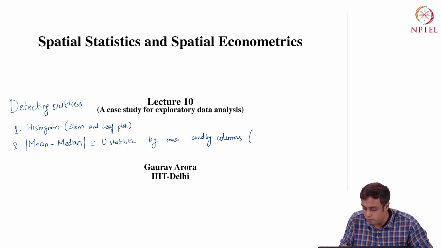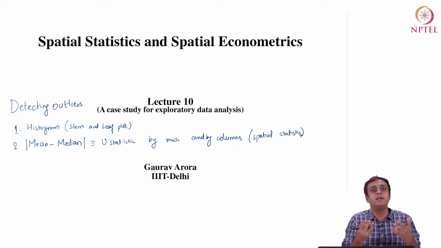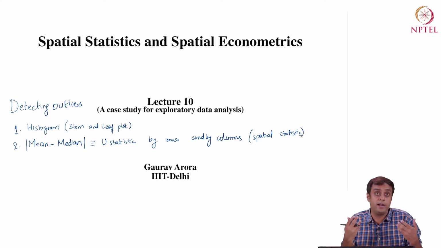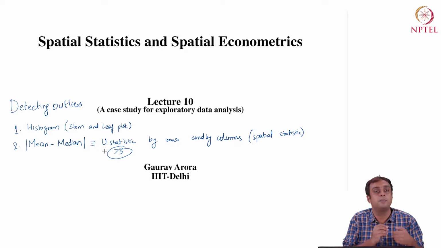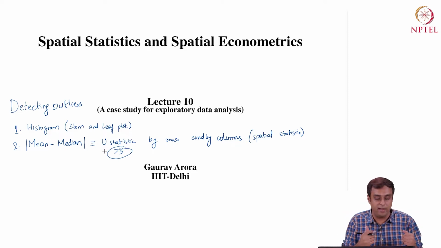So now we constructed a spatial statistic that helped us detect outliers. We said that if mean and median are too far apart, then we should be worried. And we figured that if U was greater than 3, then that's the point where an analyst should become worried about outlier values.